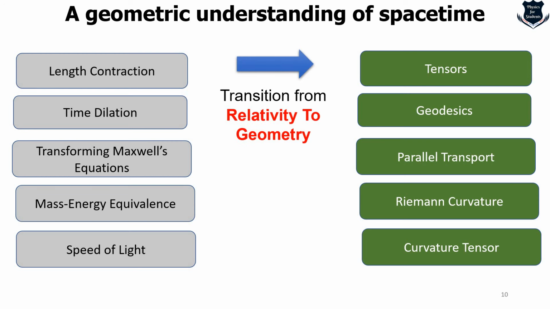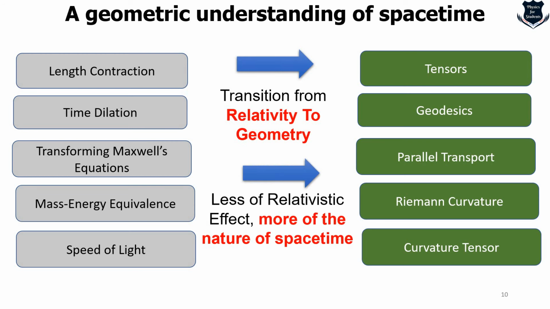All these are nothing but a transition from relativity to geometry, and it is less relativistic and more about the nature of space-time. This is a kind of prelude to help you understand, to motivate you and prepare you for what kind of mathematics we are going to do. It is not that we do the mathematics without knowing the reason why we are doing it.